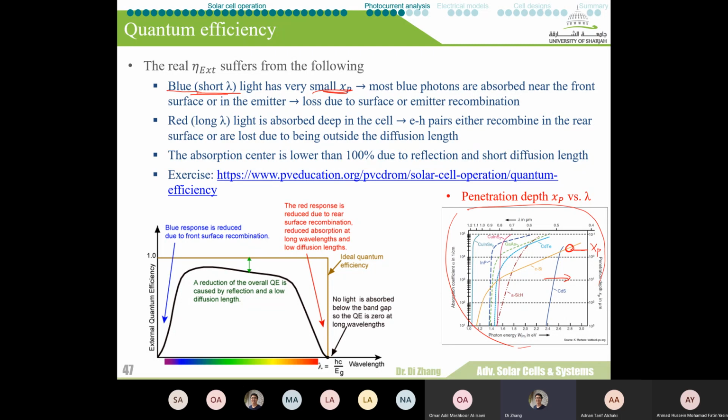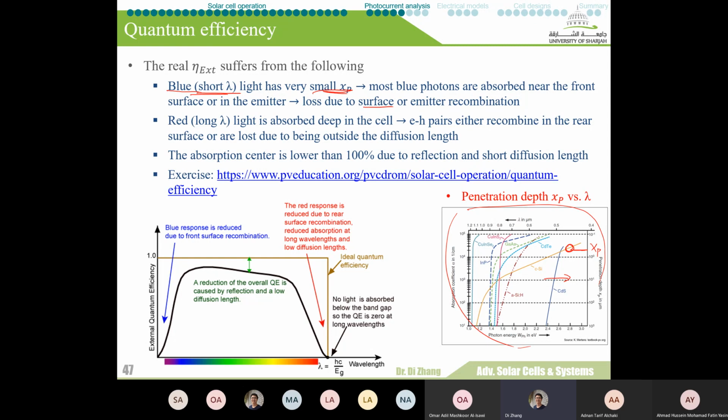But as we said earlier, today and from the last lecture, near the front surface, near the emitter, typically you have very high recombination. The diffusion length will be very short, and near the surface you also have surface recombination.